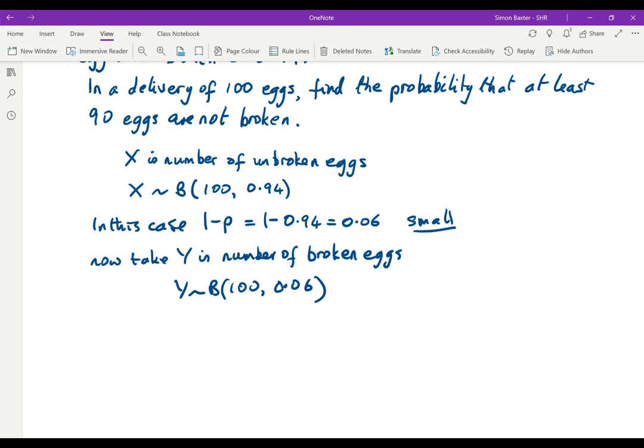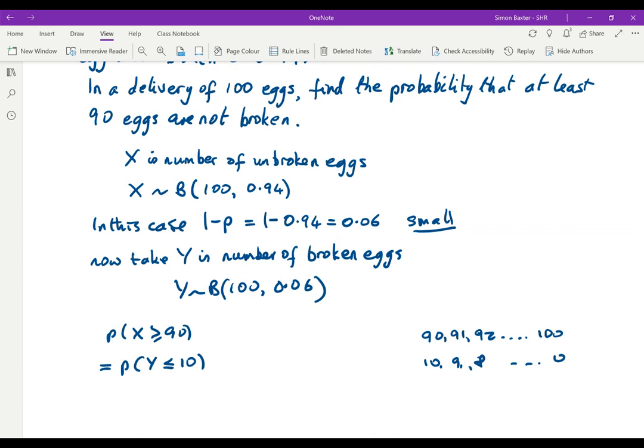If we look at the probability that x is at least 90, so greater than or equal to 90, then x could be 90, 91, 92, up to 100, and y could be 10, 9, 8, down to 0. So that will be the same as the probability that y is less than or equal to 10.